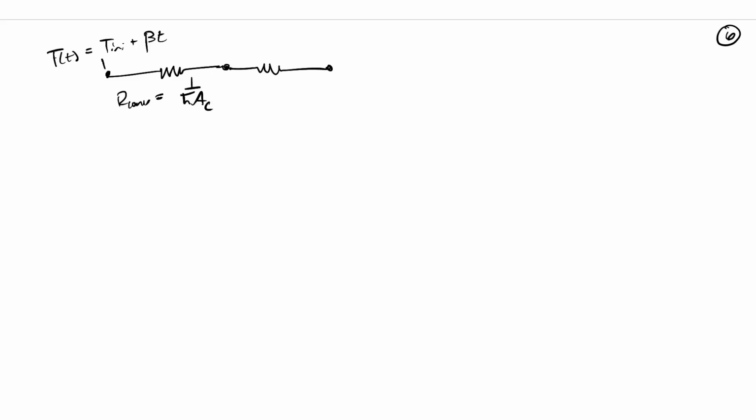What's the resistance that's determining the heat transfer due to conduction into the body? Well, approximately, our conduction resistance is the thickness, or the thermal wave penetration depth, which we'll call delta sub T, divided by the conductivity times the cross-sectional area, right? So that's our conduction resistance.